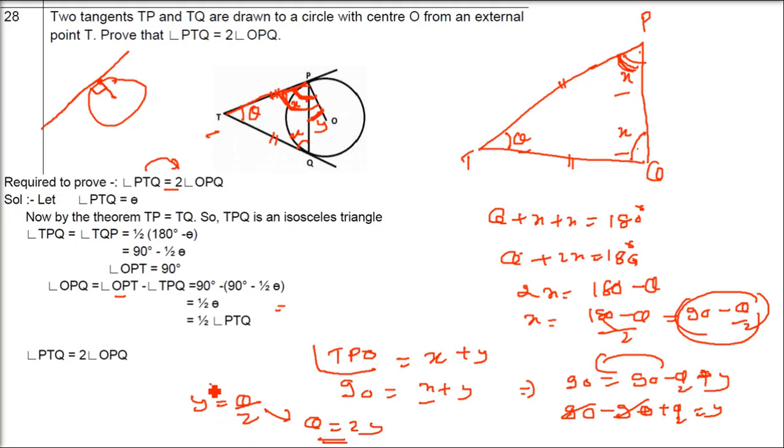So angle PTQ equals twice angle OPQ, which is the same as OPQ equals angle PTQ by 2. Whichever way you write, it's one and the same thing. So angle PTQ equals twice angle OPQ, which is what was asked.